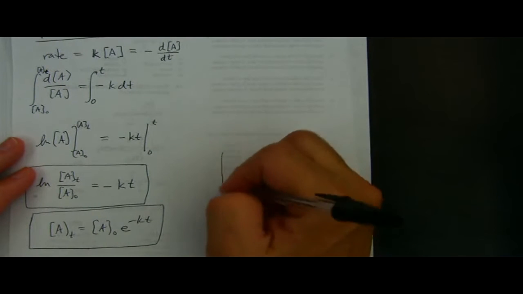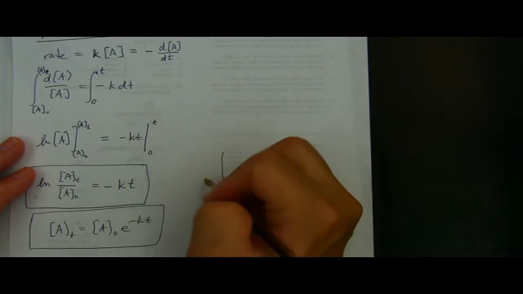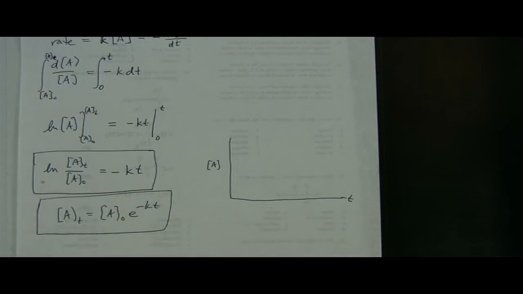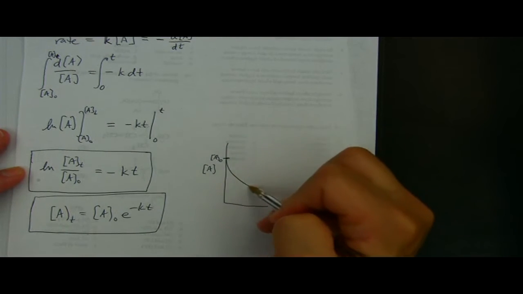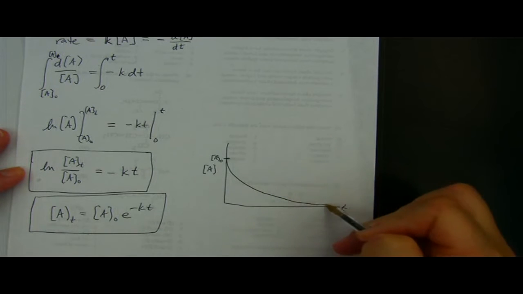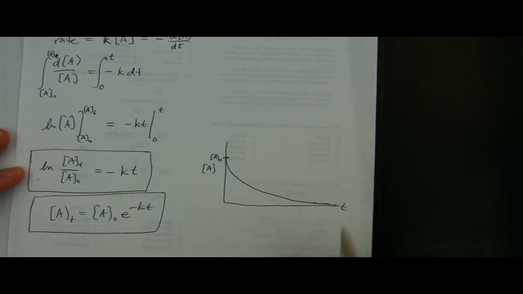Which means if we plot the concentration of A versus time, and this is the equation that is represented by that chemical reaction, what will that plot look like? Start here at A naught, and it will be an exponential decay. Right, first order exponential decay.